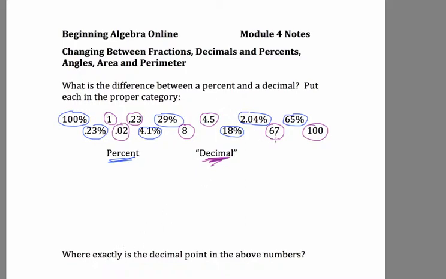So for example, right here, 67, there's no decimal point there. If there's no decimal point in a number, it's assumed right after it. So in 8, there would be a decimal point right here. In this 18%, there's actually a decimal point right there, right after the 18. So the only way to tell between a percent and a decimal is if it has a percentage sign after it.